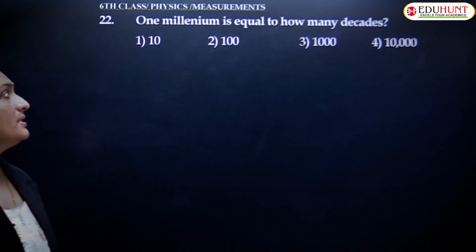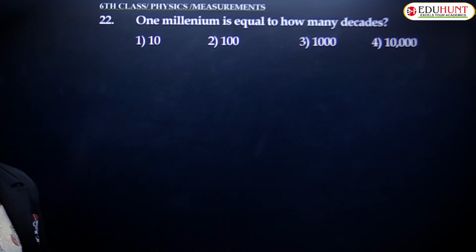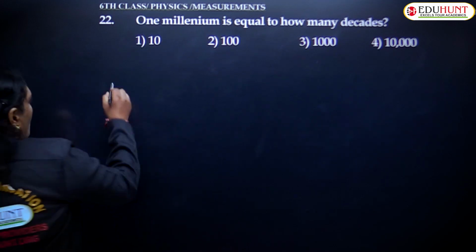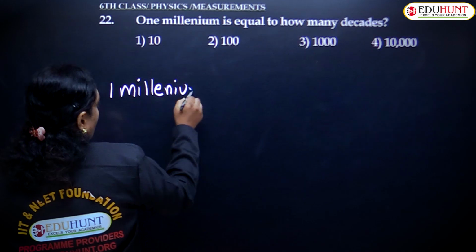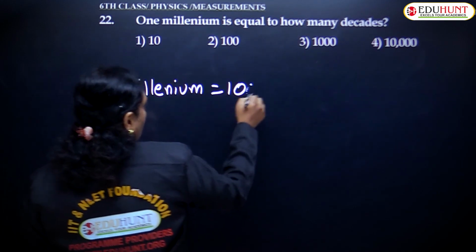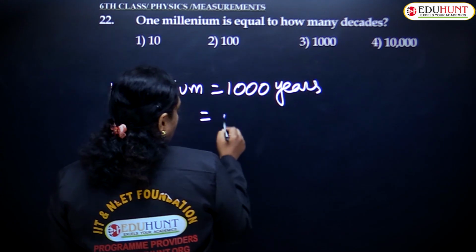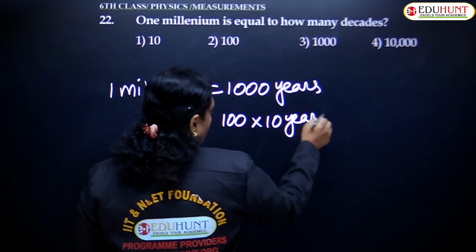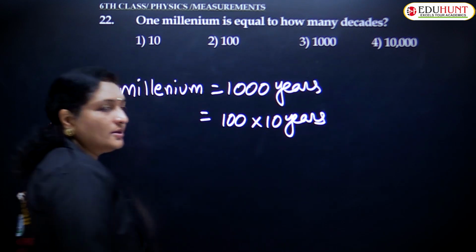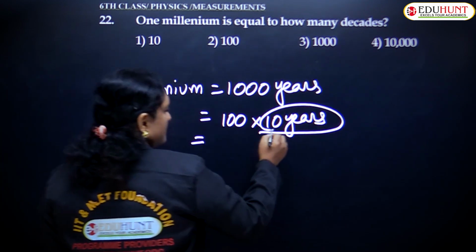1 millennium is equal to how many decades? Decade means 10 years. Millennium means 1000 years. 1000 can be written as 100 into 10 years.